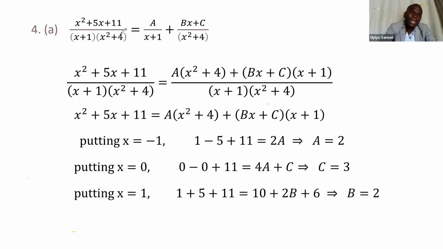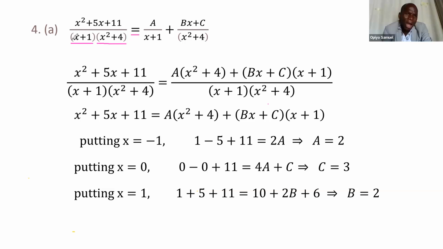So when you look at this particular case, it is a mixture. The first part is a linear factor, meanwhile this other part is quadratic. Another thing to note is that before you can express this in this form, ensure that the upper expression has a lower degree than the denominator.